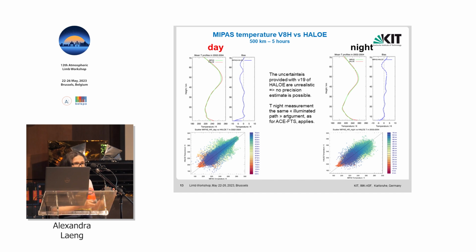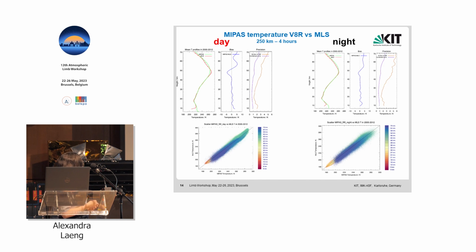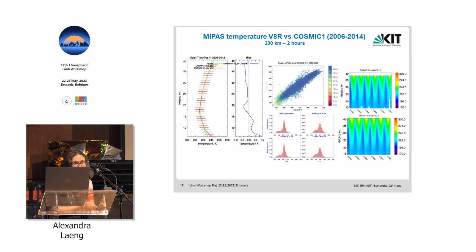And for the night measurements, the same argument as before for ACE applies. So should we really compare MIPAS night measurements with this occultation instrument? Not clear. So this is a comparison of the later MIPAS period with MLS. Also, the agreement is quite good, aside probably from here. And the comparison with the radio occultation instrument Cosmic. When I saw this plot, I thought there was a bug in the routine.